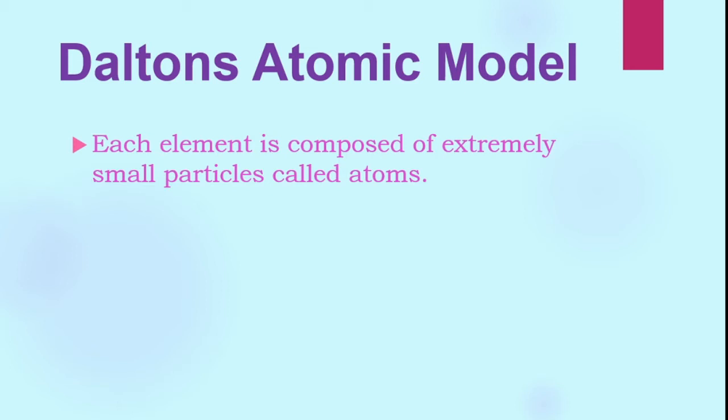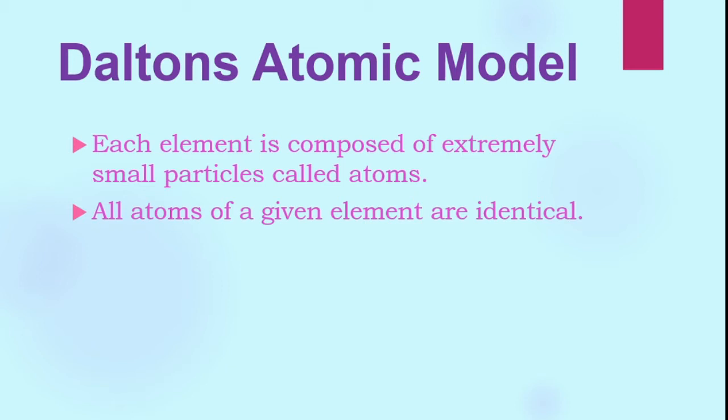That is, everything in this universe is composed of fundamental particles called atoms. All atoms of a given element are identical. For example, if we consider oxygen gas, then all the atoms of oxygen gas should have identical character.